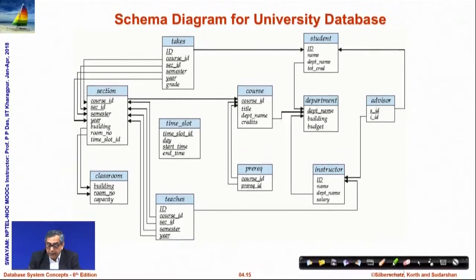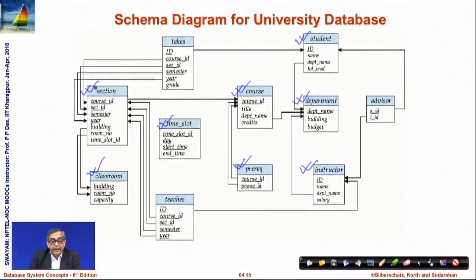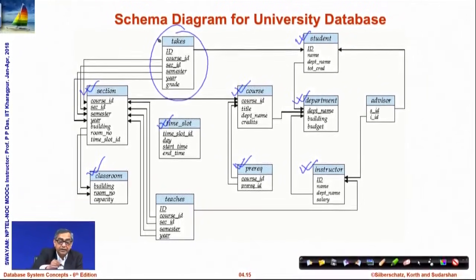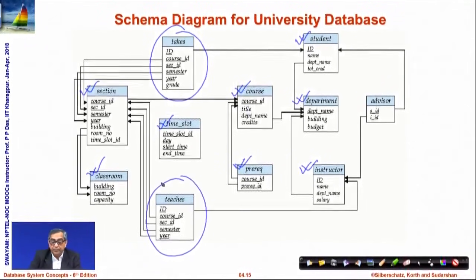So, it has relational schemas like courses, students, instructors, departments, prerequisites, time slots, classrooms, sections and so on, and the relationships between them. For example, one relationship relates students with different sections, and sections with courses. Teachers is another relationship which relates instructors with sections.